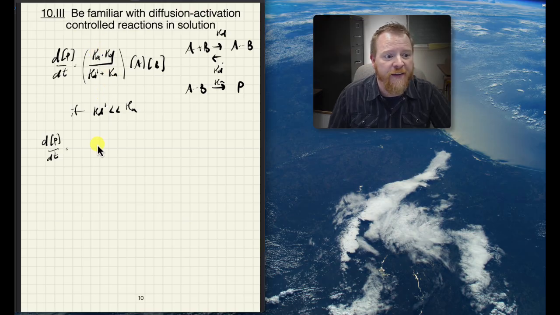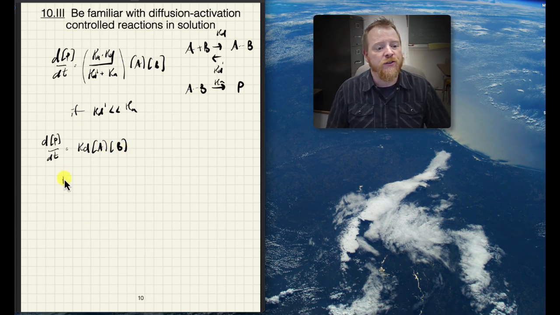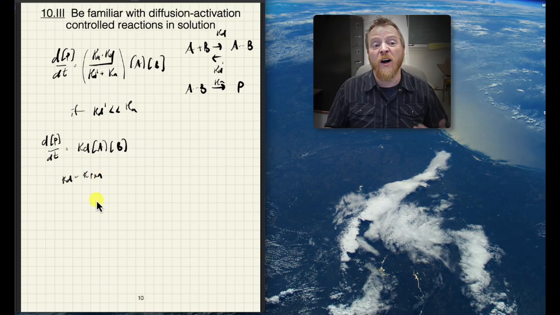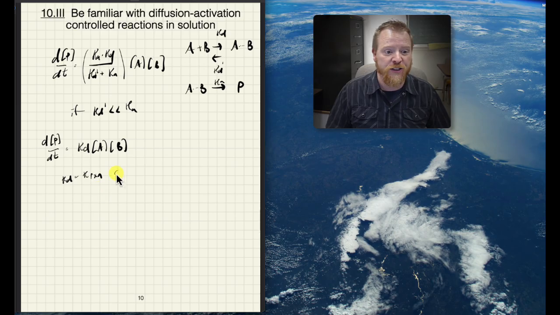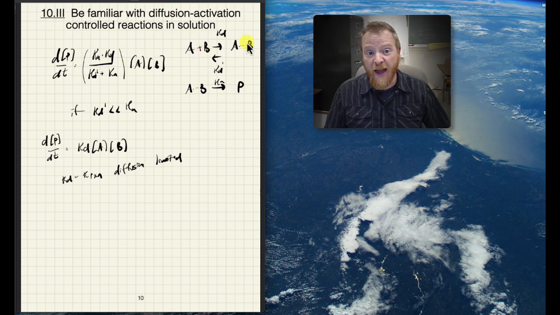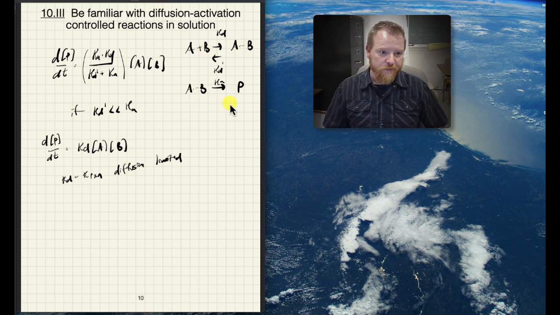And then the Ka and the Ka cancel, and what we're left with is Kd times A times B. So Kd equals the overall rate of the reaction, and this is what we would call a diffusion limited reaction. So in other words, the rate limiting step is how long an A takes to diffuse to a B, and then once that happens, the reaction goes very quickly.